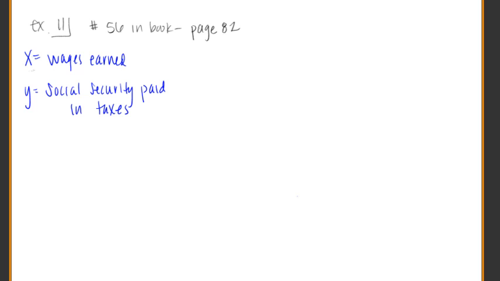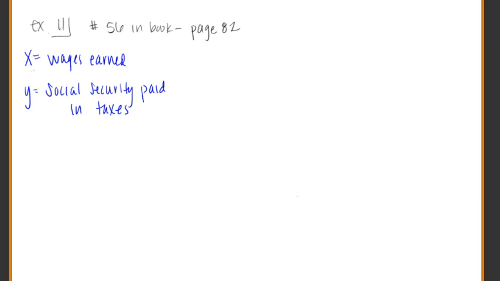Okay, with number 56 in the book, it says, for wages less than the maximum taxable wage base, Social Security contributions by employees are 7.65% of their wages. So for a specific level of income, an employee has to possibly give back in terms of taxes 7.65% of their wages.